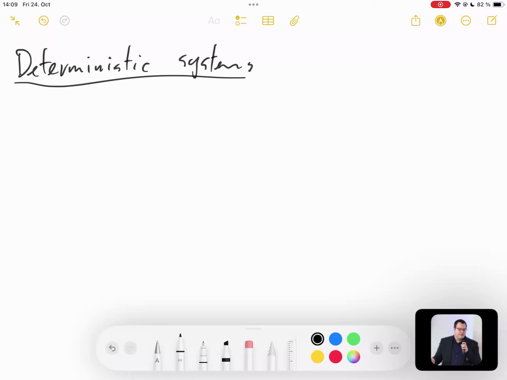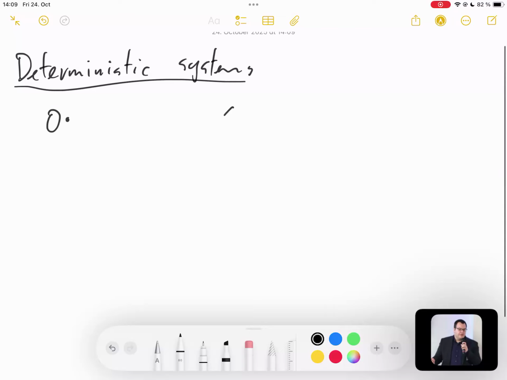We will have multiple so-called positions in here: position 0, position 1, position 2, position 3, position 4, and position 5.